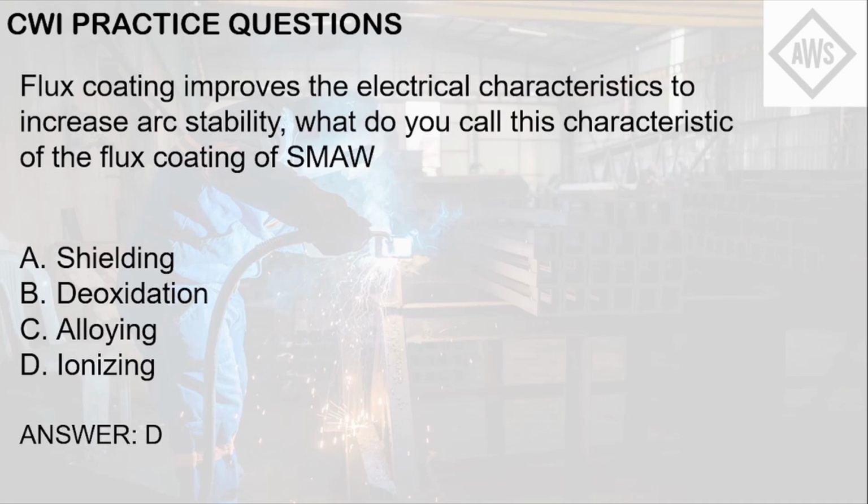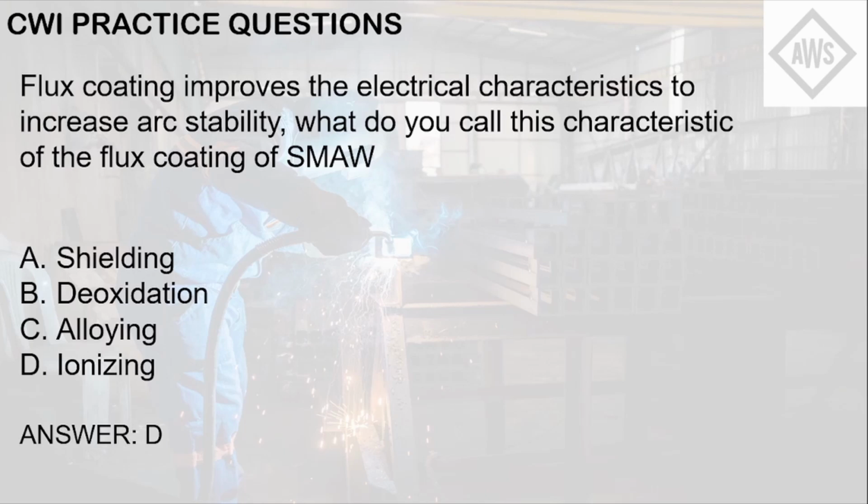Alloying, as I've mentioned earlier, also produces the elements that will improve the characteristics of the molten pool of metal and thus improve its mechanical properties. So that leaves us the letter D, ionizing, which is the correct answer, which is the improvement of the electrical characteristics to increase arc stability.